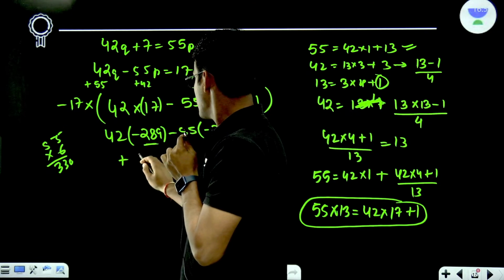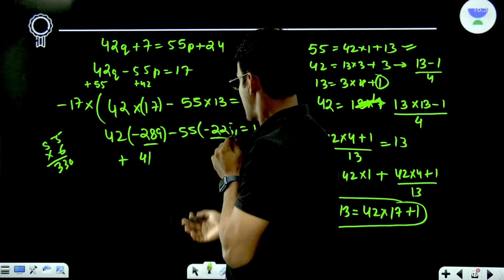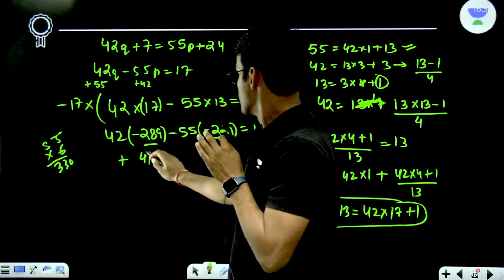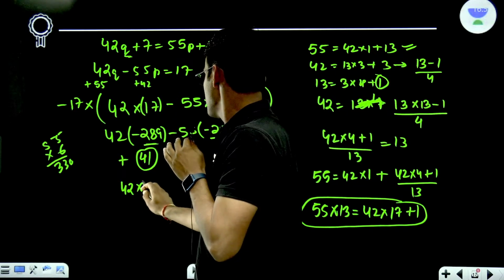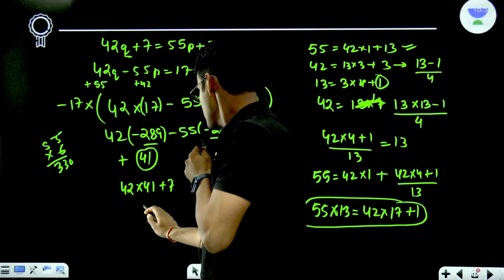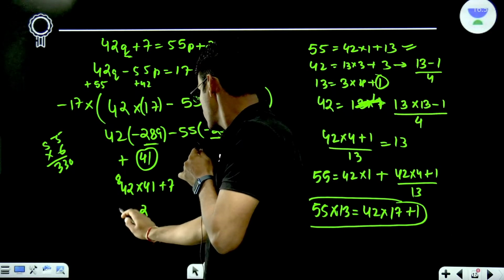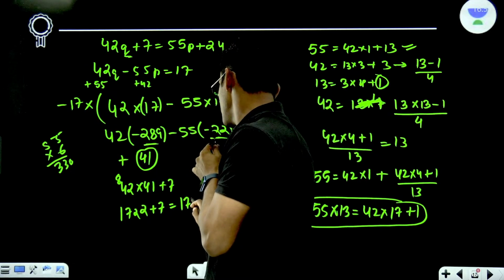If I add 330 here, yes, that is my solution. That's it. I don't have to go further, because I have found 42 times 41 plus 7 to be my n. What is this? 41 times 2, 82. 41 times 4 is 164, 1722, 7, 179.